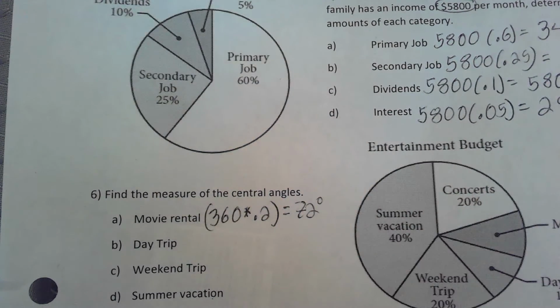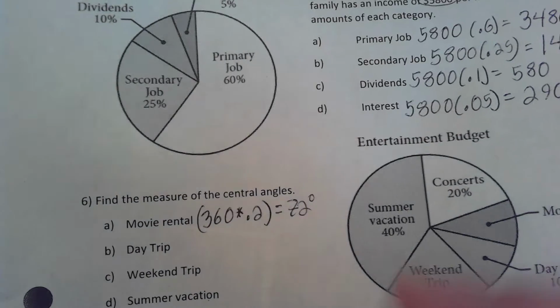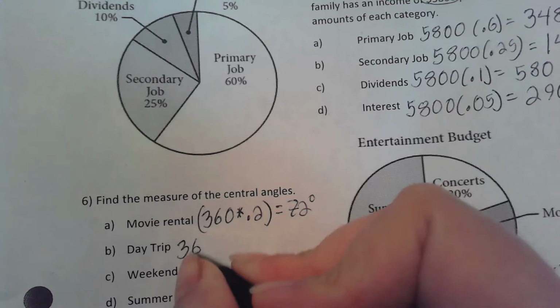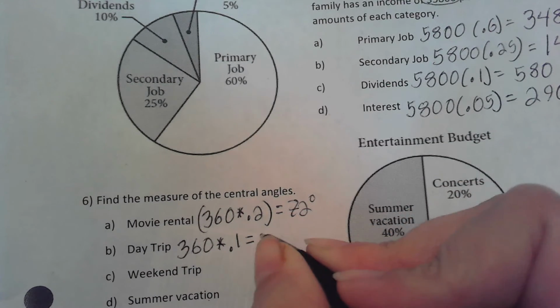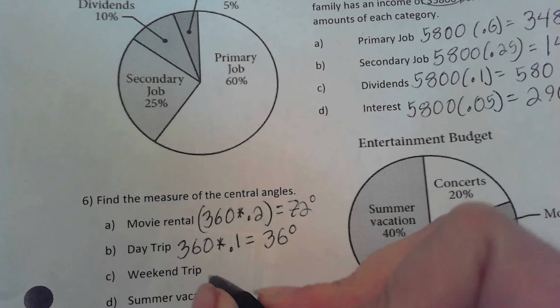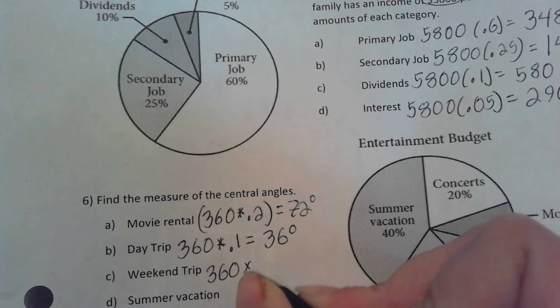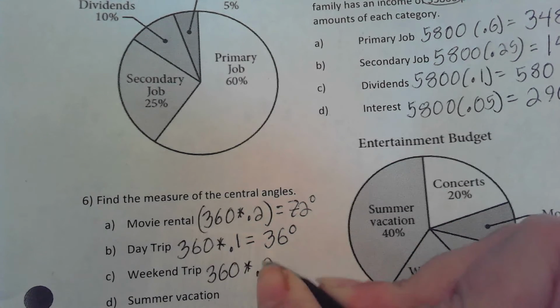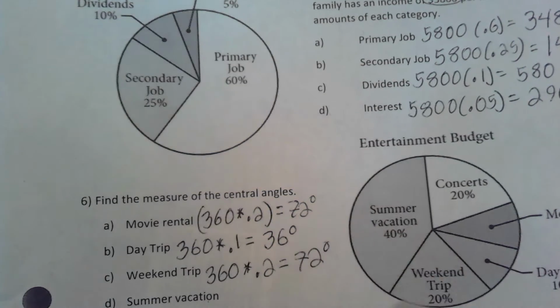And we could use that with a protractor to make this. Okay, and then we do 10% of 360, which is going to be 36 degrees. Weekend trips 20% also. So 20% of 360 is going to be 72 degrees.